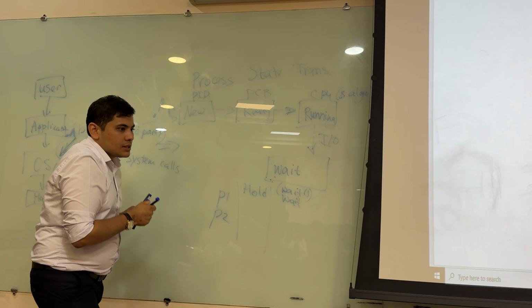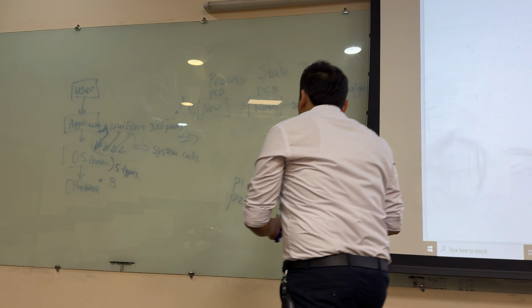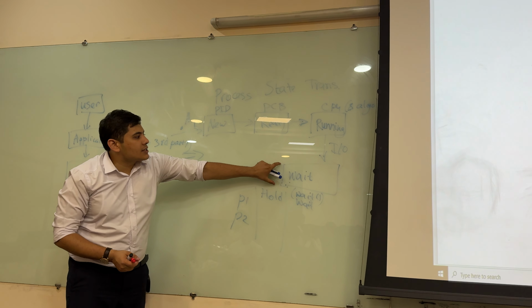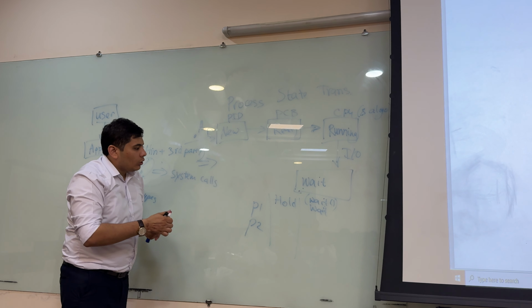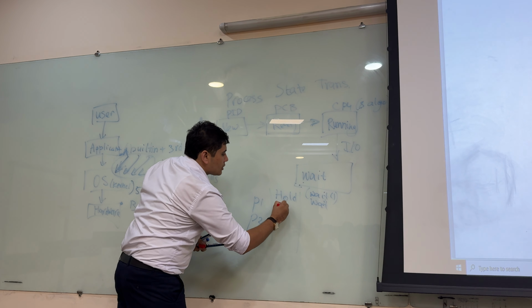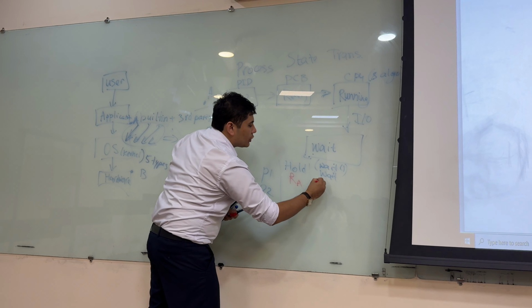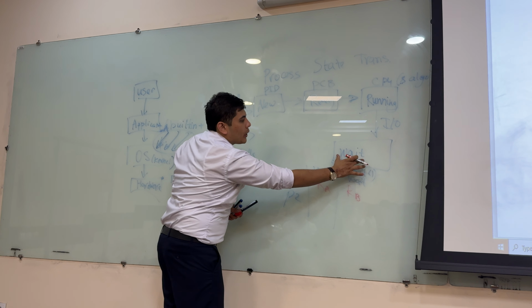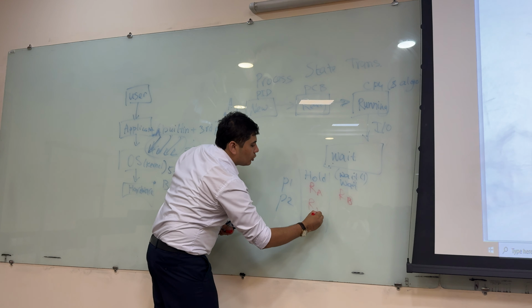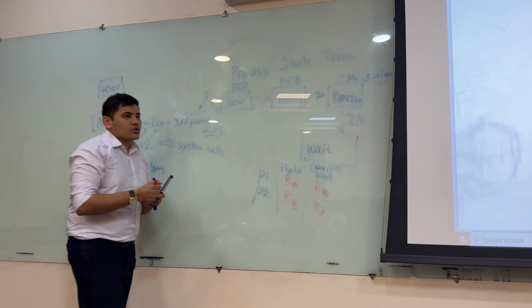If process number 1 is holding some kind of resource A, and it's waiting right here for resource B, and you have another process that arrived to the wait, and this process is holding B and waiting for resource A.